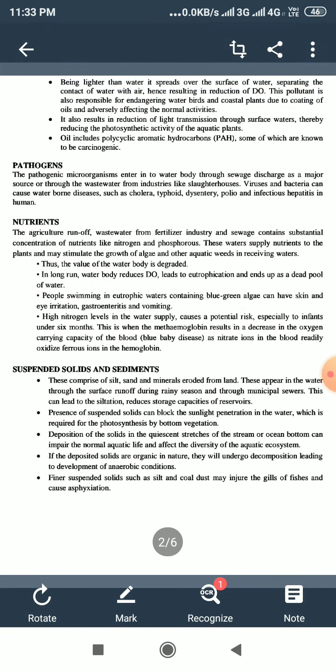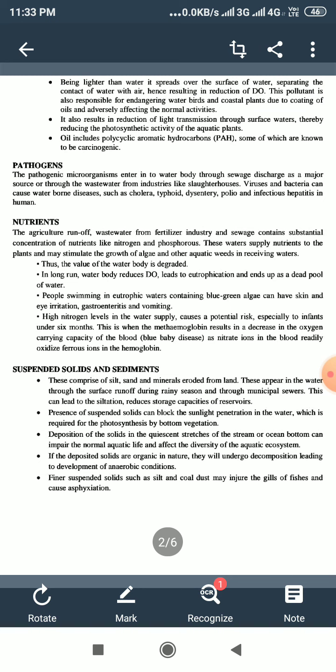It also results in reduction of light transmission through surface waters, thereby reducing the photosynthetic activity of the aquatic plants. Oil includes polycyclic aromatic hydrocarbons, some of which are known to be carcinogenic.